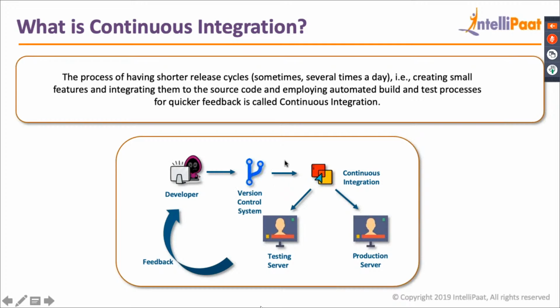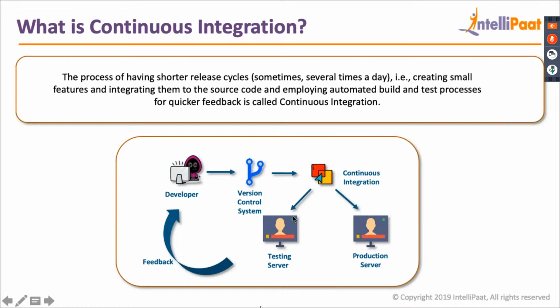Now, once this is done, the continuous integration tool, which in this case is Jenkins, automatically gets notified that new code has been added, and this Jenkins server picks up this code, deploys it on the testing server, and if the testing is successful, it deploys it on the production server.